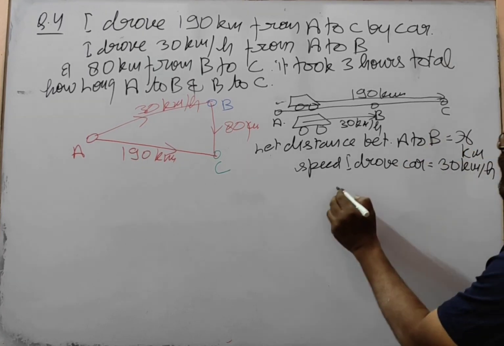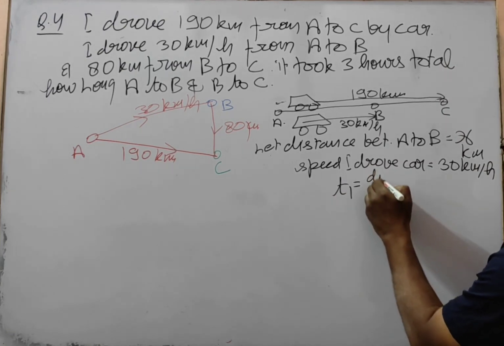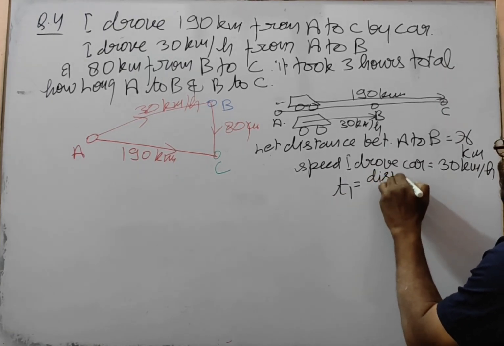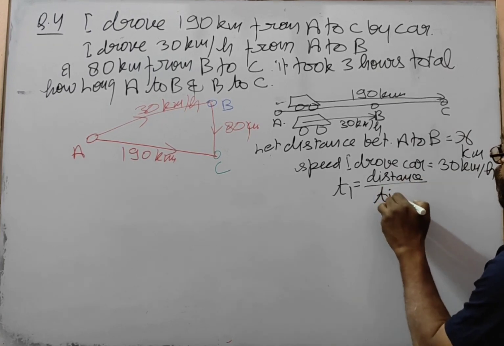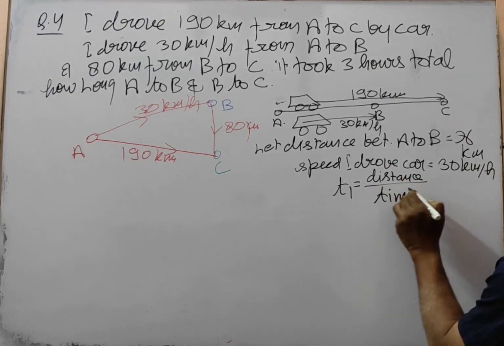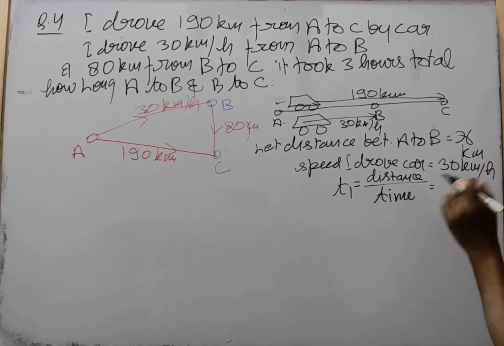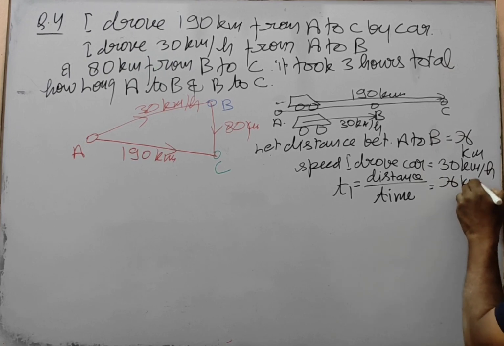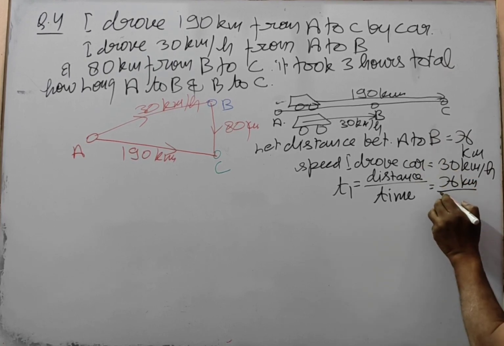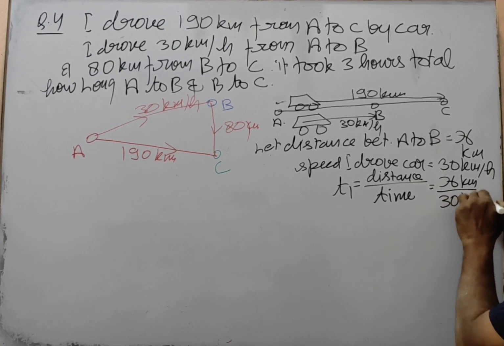So time taken T1 is equal to distance upon speed. We have distance x kilometers and speed 30 kilometers per hour.